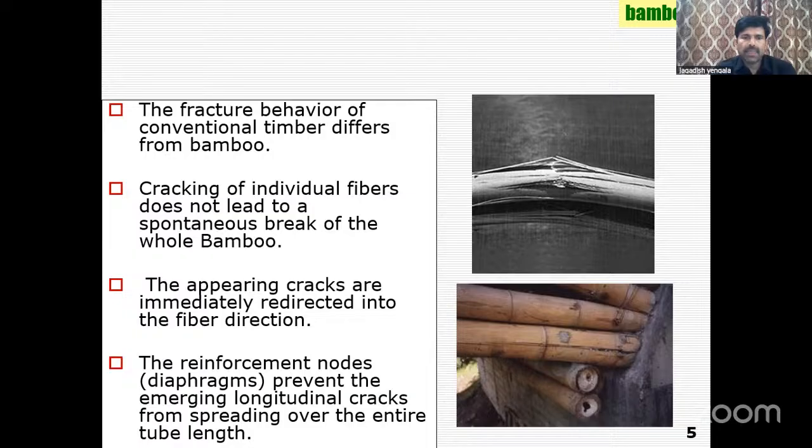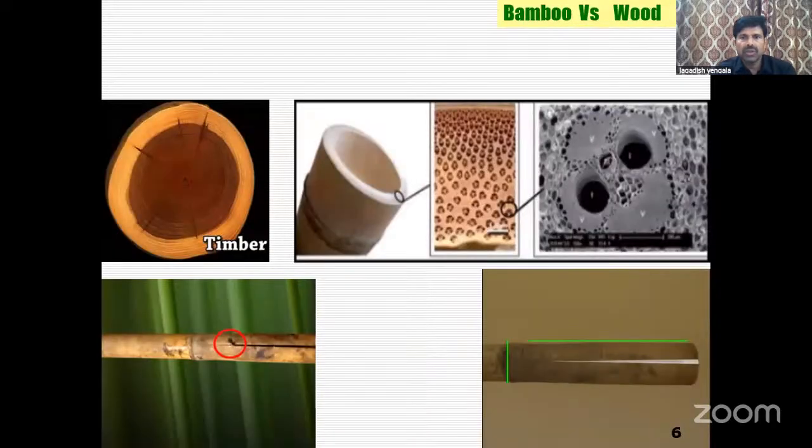You also need to understand the tube behavior of bamboo. Timber has radial fibers, and bamboo has only axial longitudinal fibers. That is what I spoke about regarding splitting and other things.